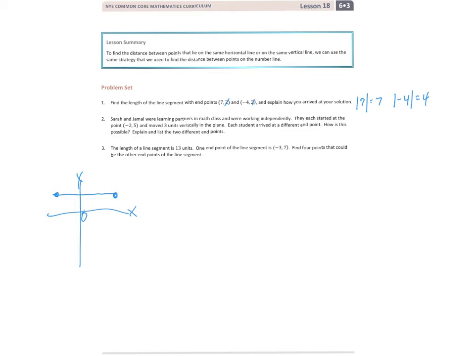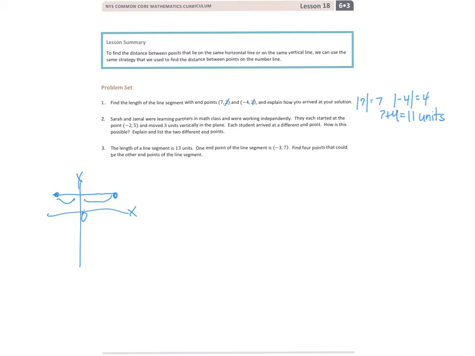So guess what? I'm going to add those two because they're crossing over the y-axis. 7 plus 4 is 11, so 11 units is the length of that line segment, or the distance between those two endpoints.